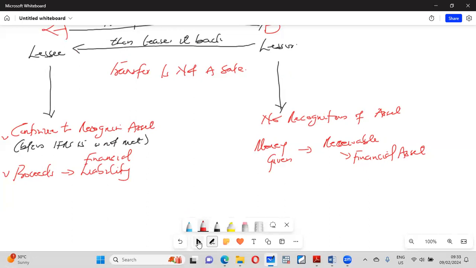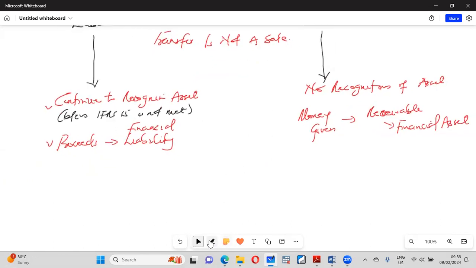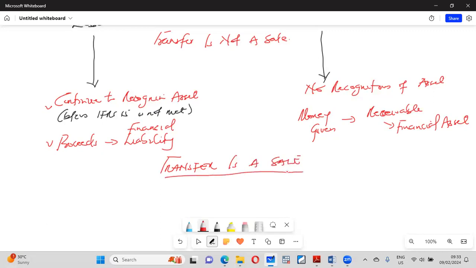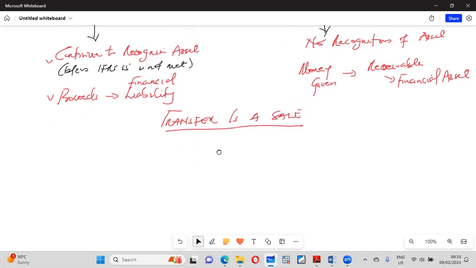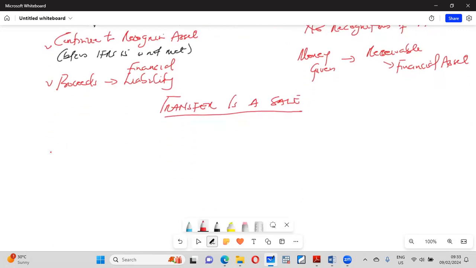But what if the transfer meets the definition of a sale? When we do it like this, apply the principle to the question. If the transfer is a sale, then at the initial stage you have sold it, so you will de-recognize the asset.